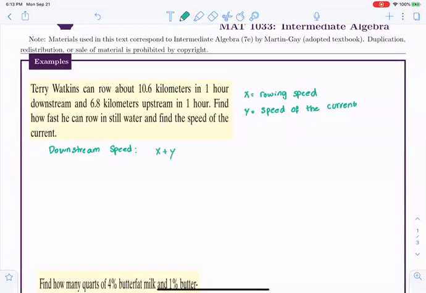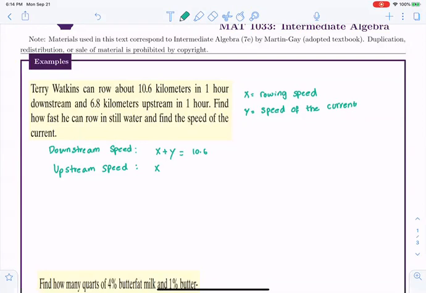So the speed at which Terry is rowing the boat and the speed of the current combined in total is 10.6 kilometers per hour. So that is the total speed downstream. The upstream speed, well, you are rowing against the current, so whatever rowing speed that you have, it is going to be pushed back by the speed of the current.